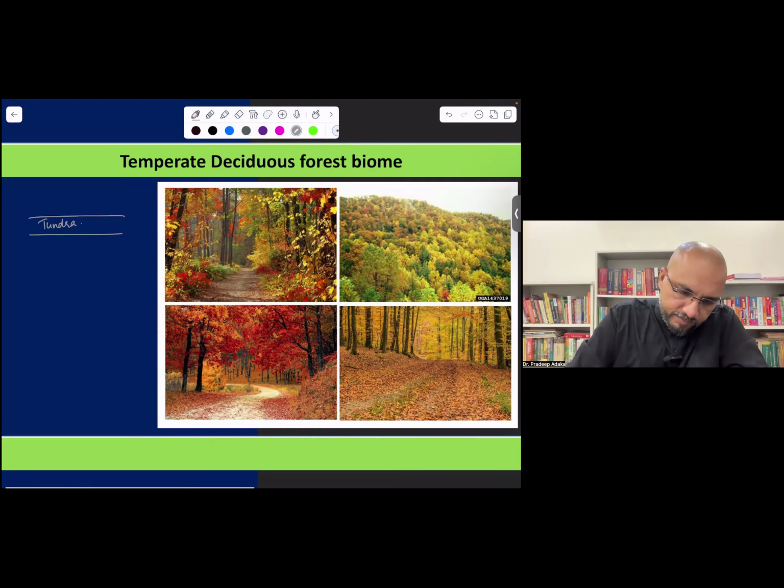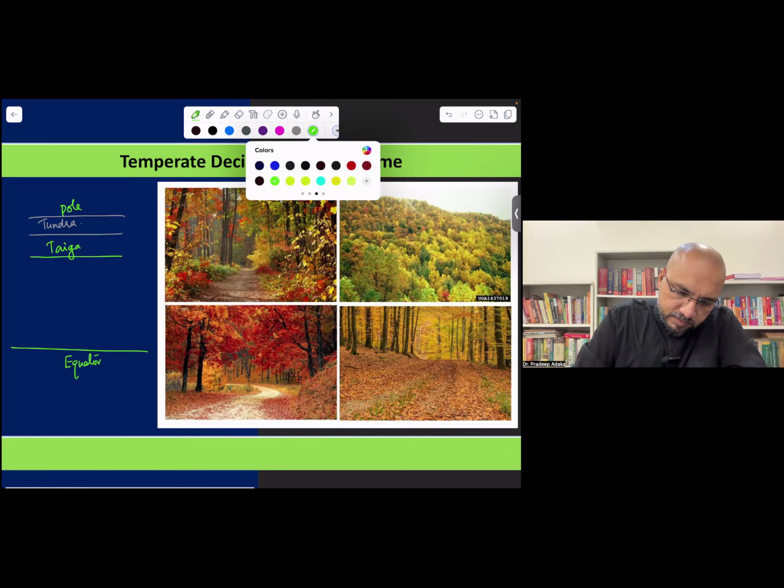Then you have, this is the pole suppose, and somewhere the equator is here. After tundra, you have taiga biome, and after taiga, you have another region.